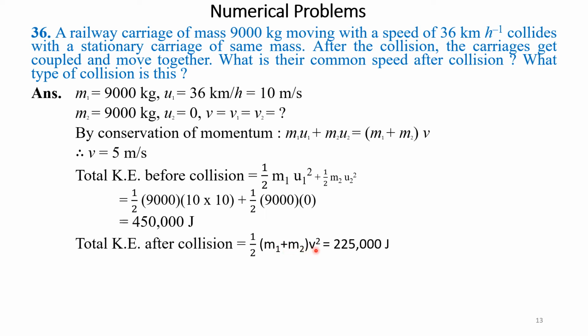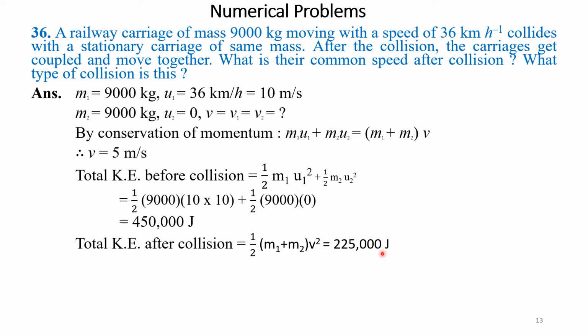Therefore, it becomes half of m1, which is 9000, plus m2, which is 9000, into v, which we have calculated as 5 meters per second. Substituting the values and multiplying, we get the kinetic energy after collision is 225,000 joules.